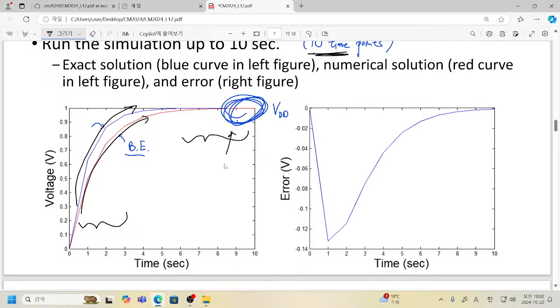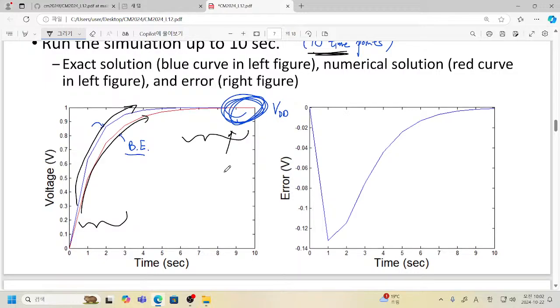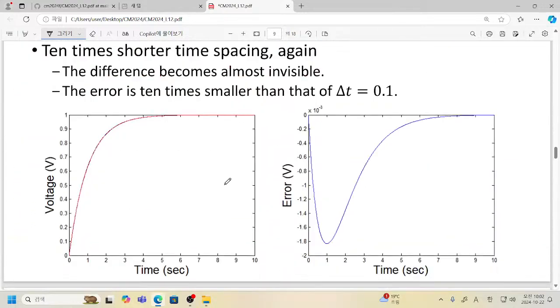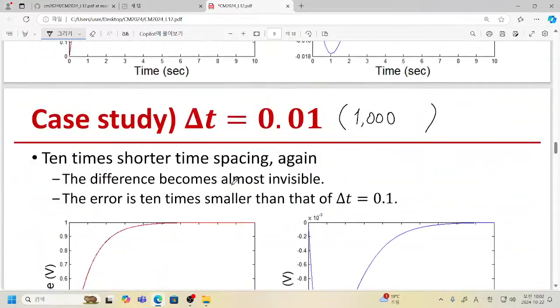First of all, we can evaluate something, check the change from the previous time step, and expect, okay, this will be a good enough distance. But as a rule of thumb, fine time resolution is required to get a good solution.